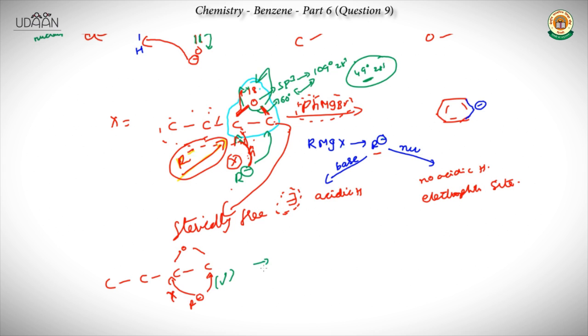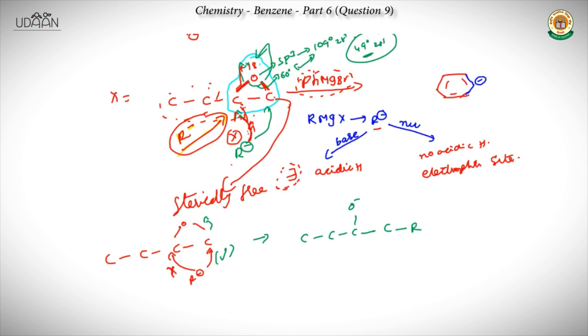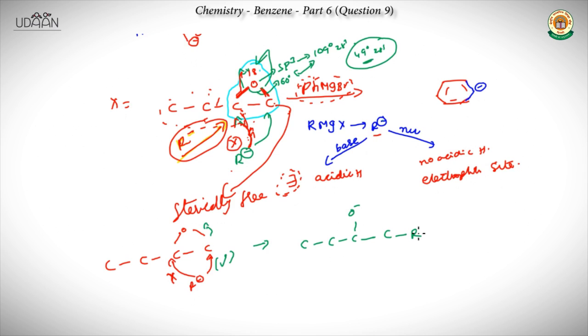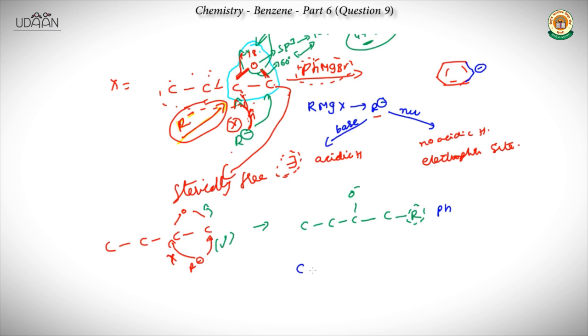Now when it attacks on this side, this bond cleaves away and you will get CCC, O minus here, carbon here and R here. Now in the given problem, R for us is Ph. So what you are finally going to obtain is CCC O minus C Ph.